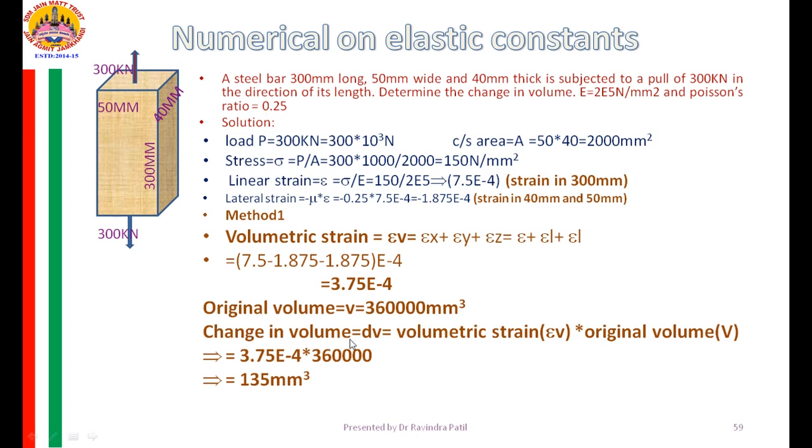Change in volume is equal to volumetric strain multiplied by original volume. Before applying the load, the dimensions of the member were 40 mm by 50 mm by 300 mm. It is given in the problem. Hence, you got the original volume, multiply it with the volumetric strain, you will get the change in volume.